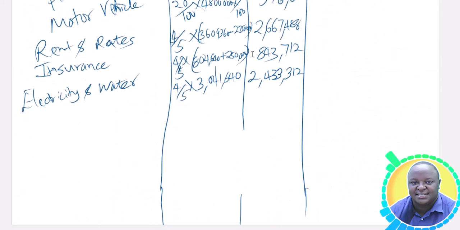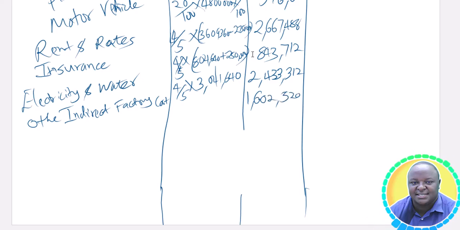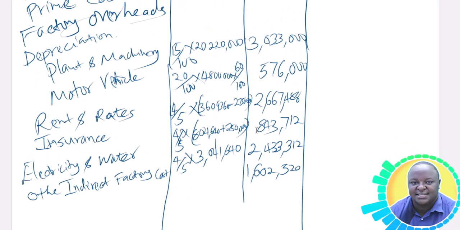So if you add all these costs, all the factory overheads, all the costs will come to 11,156,032.